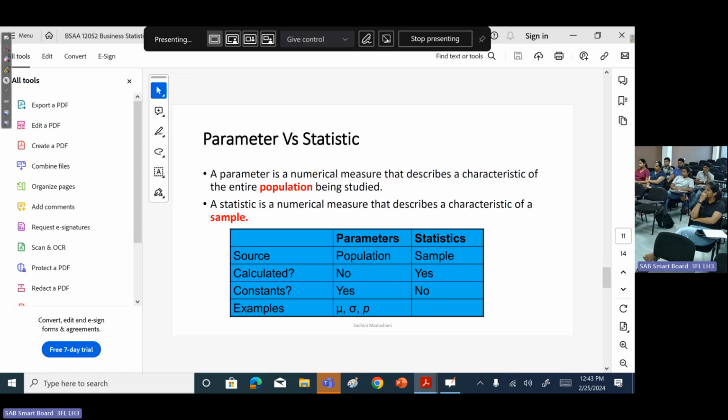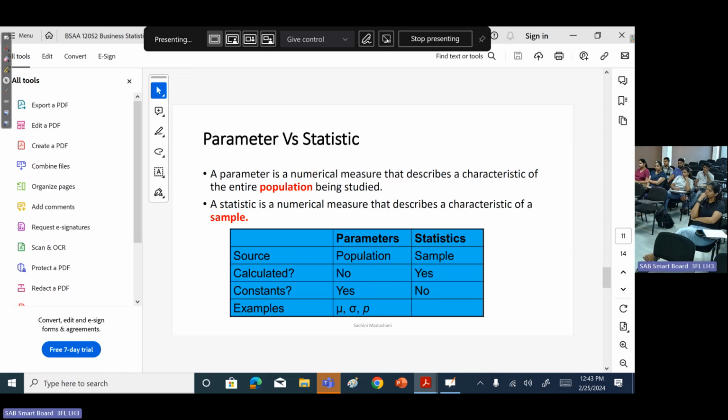You know the word estimation? The population parameter can be estimated based on what? Sample statistic. The sample statistic can be calculated. Here we have the value for the sample statistic, and based on that, we can estimate the population parameter. Understood?